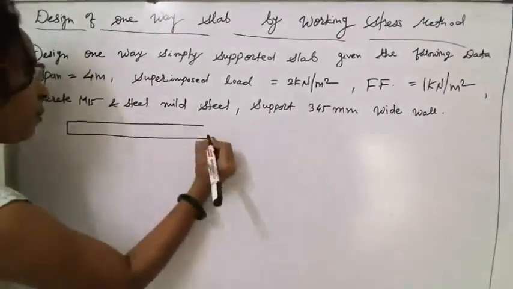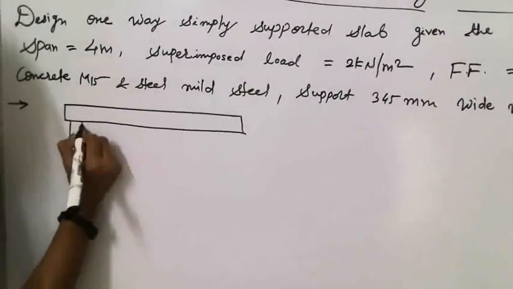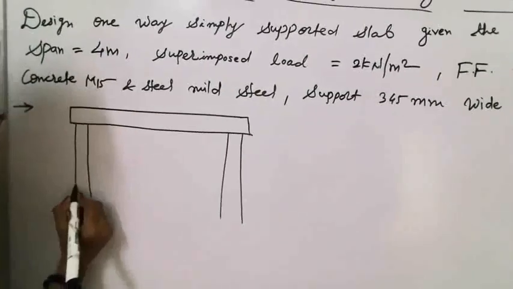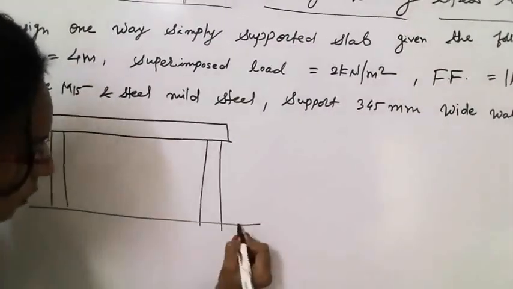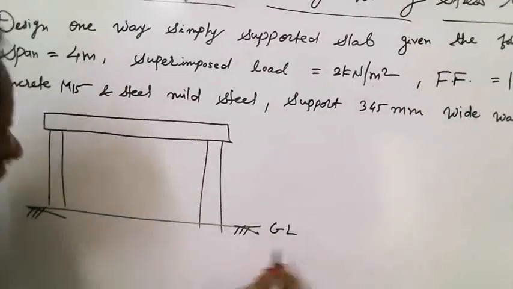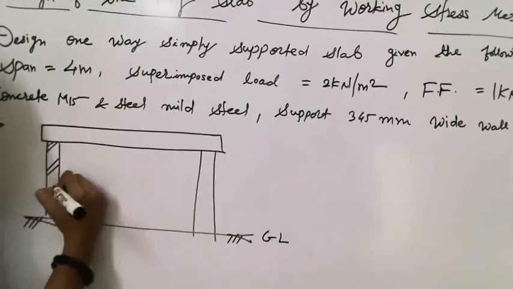This is the slab, or we can say beam. These are the masonry or brick walls, ground level, masonry wall, or you can say brick wall.